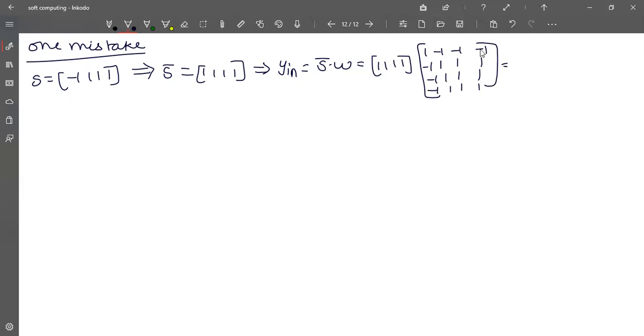If we simplify this, our net input is minus 3 plus 1, minus 2, 2, 2, 2. Now apply the activation function for the obtained net input. -2 is less than 0, so we will be getting -1, and 2 is greater than 0, getting 1. So here also we obtain the correct response.